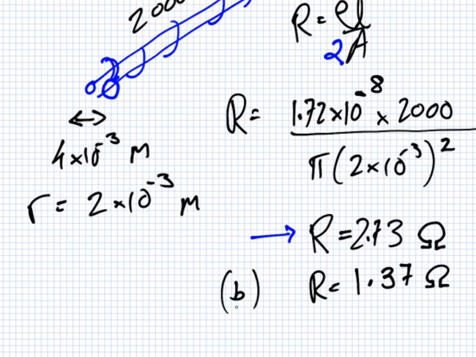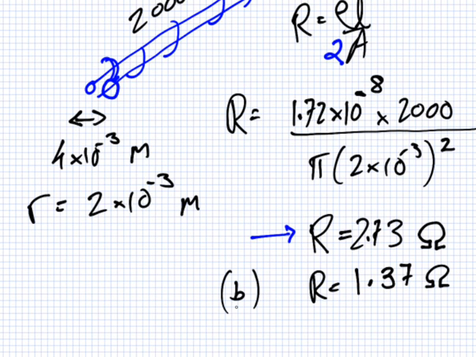So the resistance is rho L over A, where rho is whatever it is for copper, and the area is pi r squared. What's the value for copper, KJ? Do you have it there? 1.72 times 10 raised to minus 8.